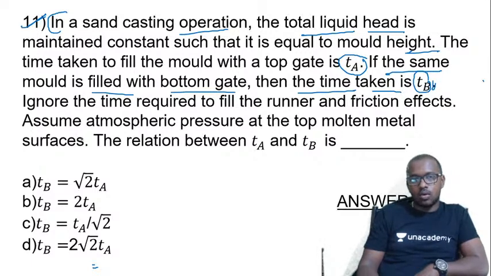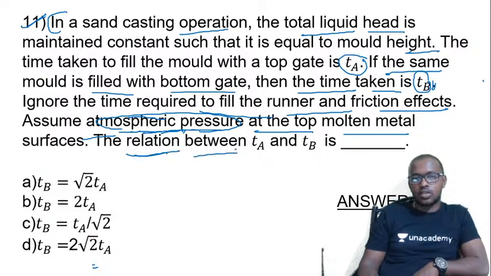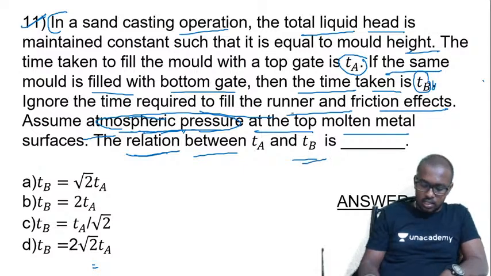Ignore the time required to fill the runner and the friction effects. Assume atmospheric pressure at the top of the molten metal surface. Atmospheric pressure is what is available. This is a line we have to take into consideration. The relationship between TA and TB is dash.